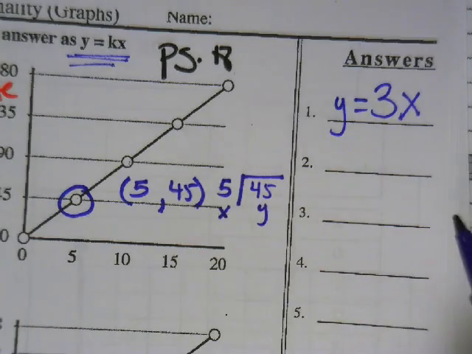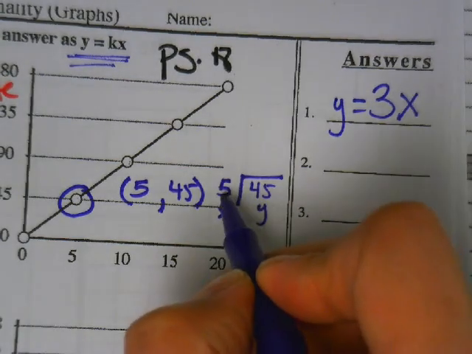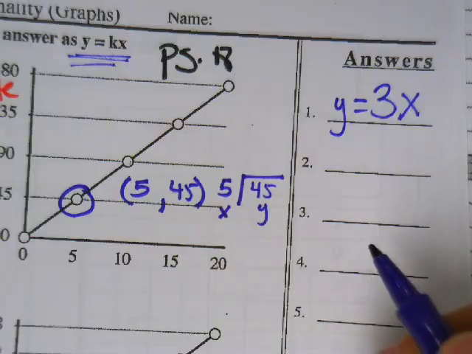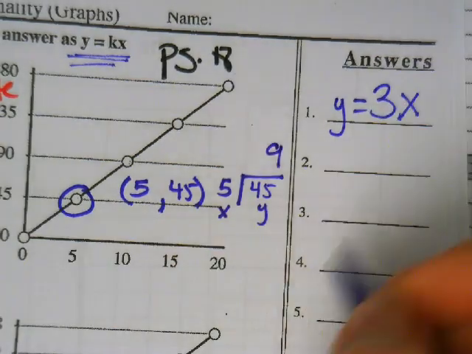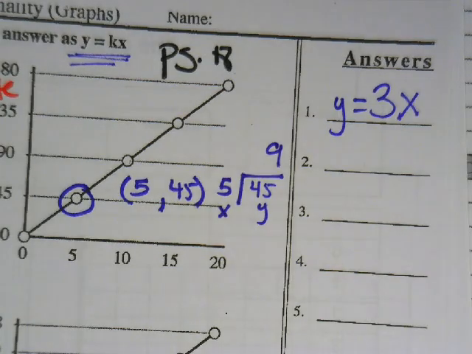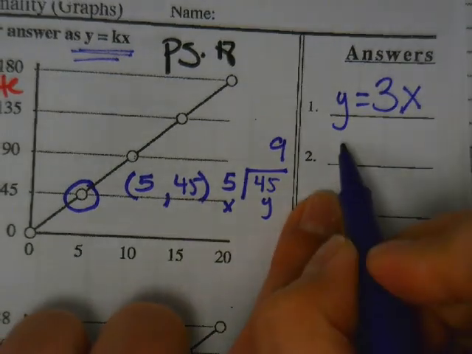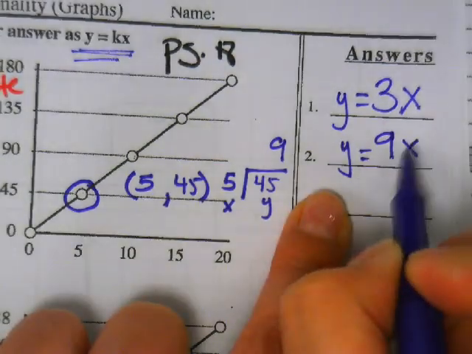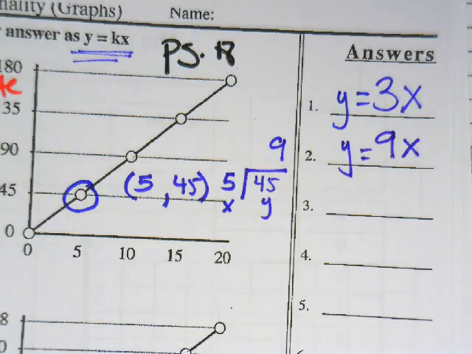Y always goes inside. How many times is 5 going into 45? 9. What's 9 times 5? 45. So 9 is our unit rate. But do they just want me to write 9? Y equals 9x. They want me to write it as an equation.